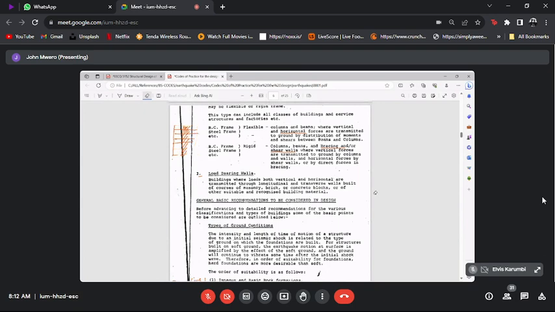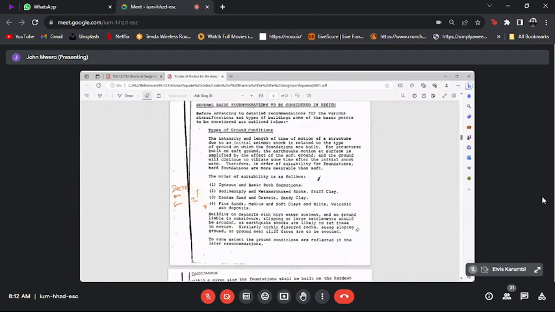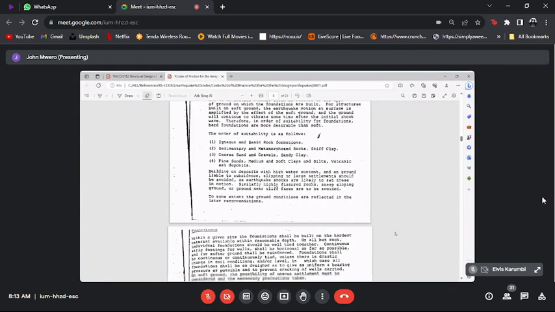And I think this is one of the simplest standards that you will find for earthquakes, and it's a good thing that it's written for us in this country, so it's very, very applicable here.